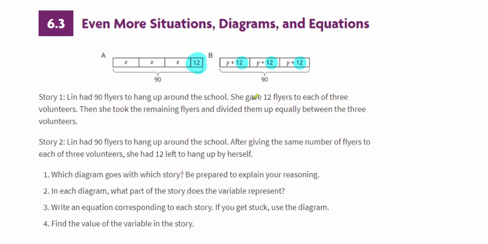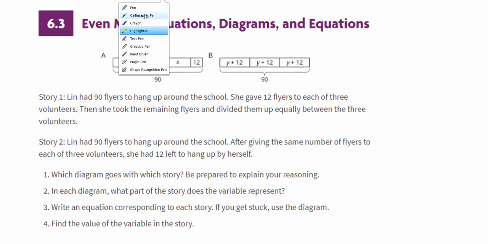Let's finish. She gave 12 flyers to each of 3 volunteers. Then she took the remaining flyers and divided them up equally between the 3 volunteers. So if Y was the remaining flyers, and she gave each of the 3 volunteers the same amount, it looks like that might work.